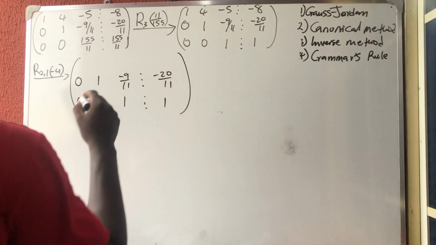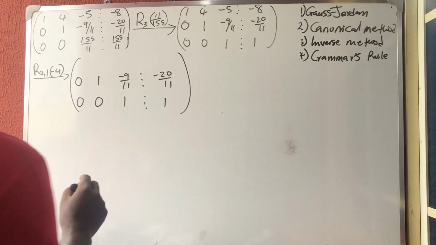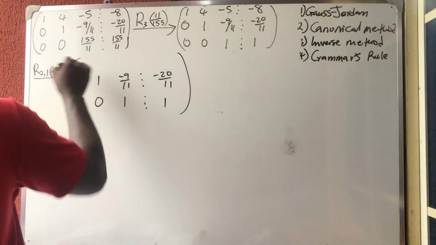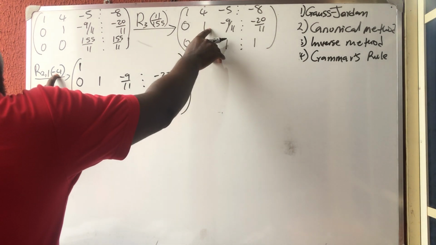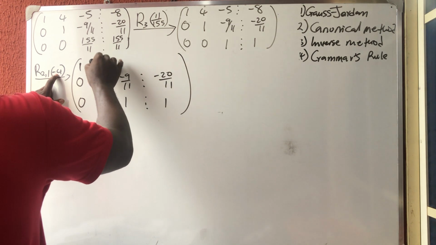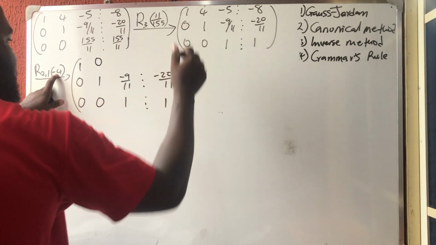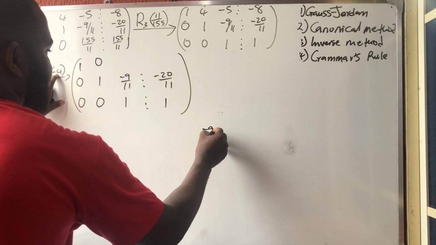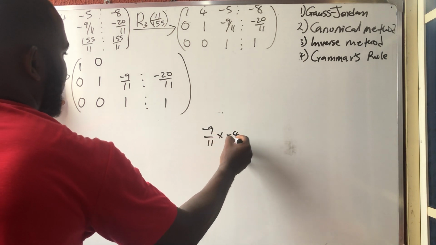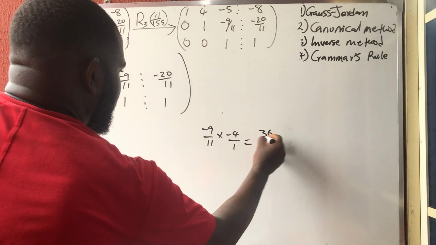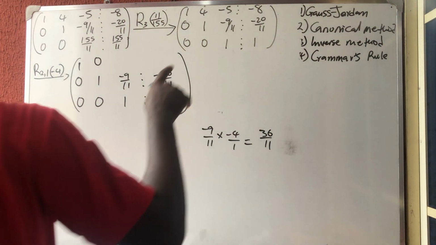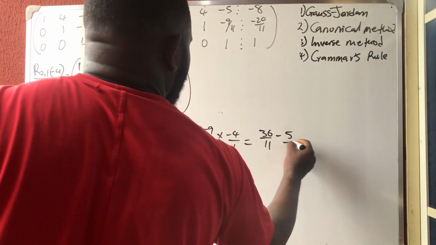Okay, then for this one now, I have 1 here. We say we are multiplying by minus 4. Minus 4 times 1 is minus 4. Minus 4 plus 0 is 0. Minus 4 times this will give you minus 9 over 11 times minus 4. Minus minus is plus. 4 times 9 is 36 over 11, and we are adding it to minus 5 over 1.